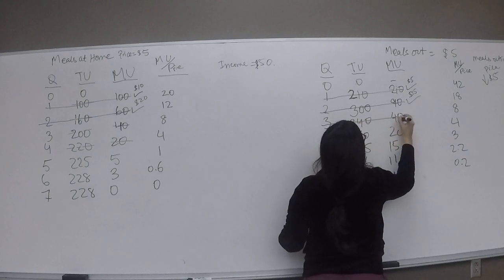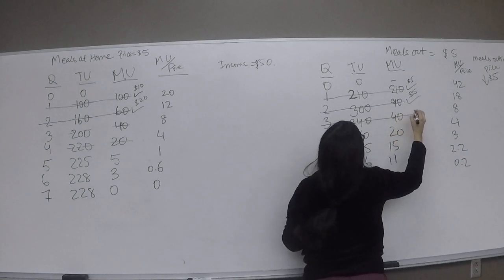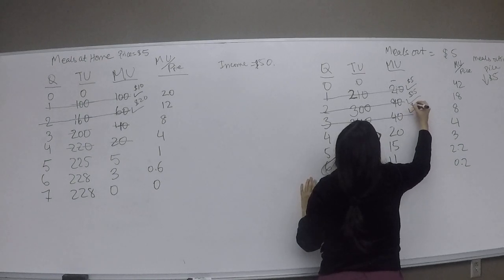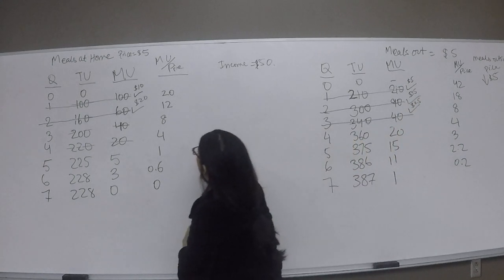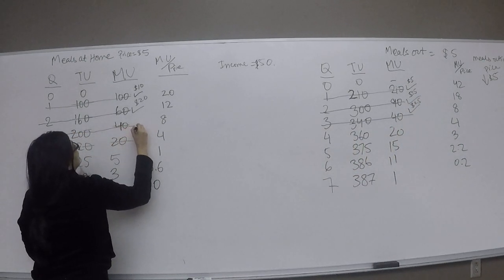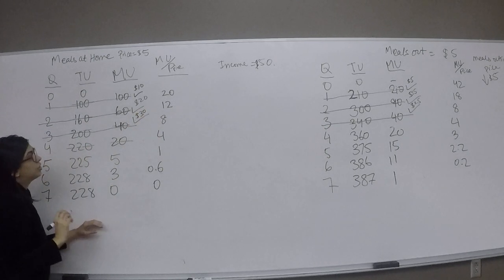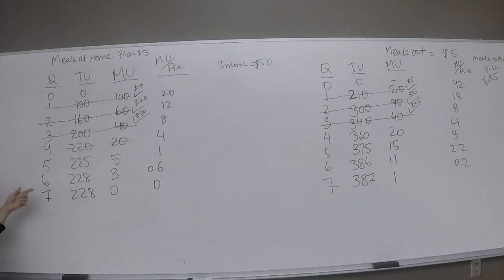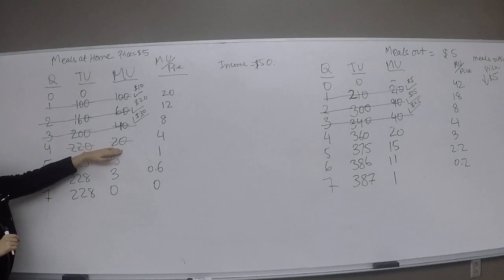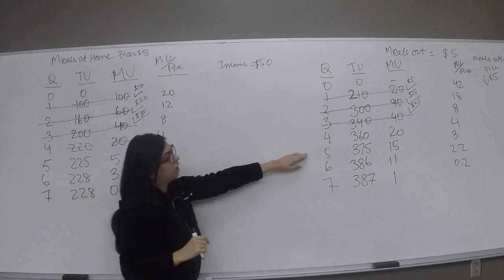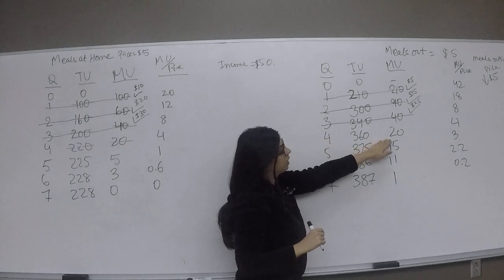So now you are at 20, you consume this one, 25. You consume this one, it's 30. You still have $20 left. For your next meal, at home you're getting 20 marginal utility, or eating outside you're getting 20 marginal utility.